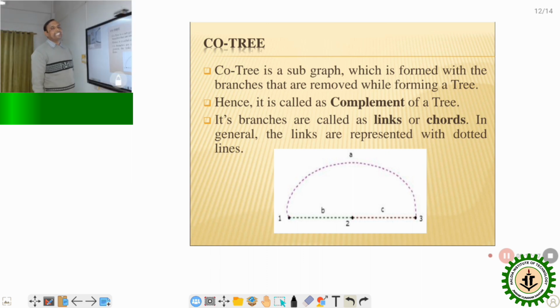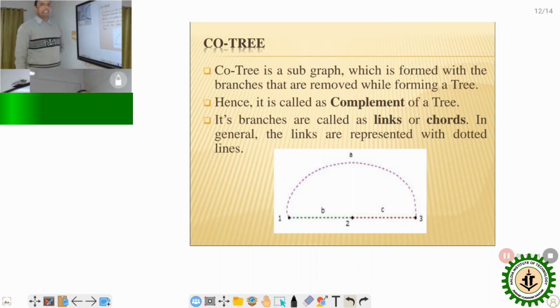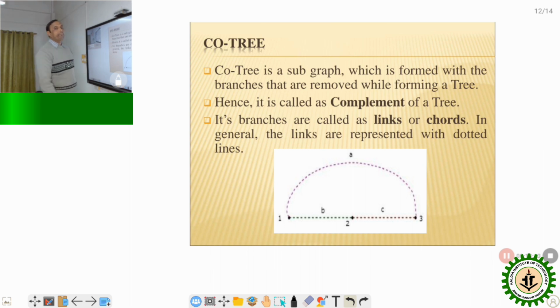And one important thing is that the branches of the core tree are basically indicated by dotted lines. These dotted lines indicate the branches of the core tree, and this subgraph is known as the core tree.